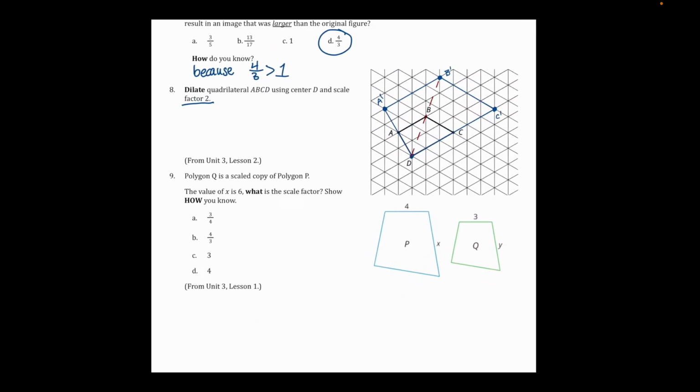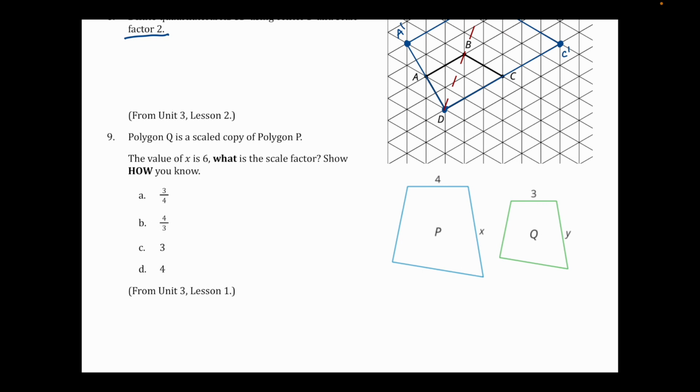Last question here: polygon Q is a scaled copy of polygon P. So Q is the copy and P is the original, meaning P is the pre-image and Q is the image. So if the value of x is 6, what is the scale factor? So here is 6.